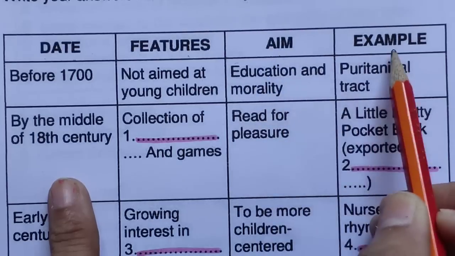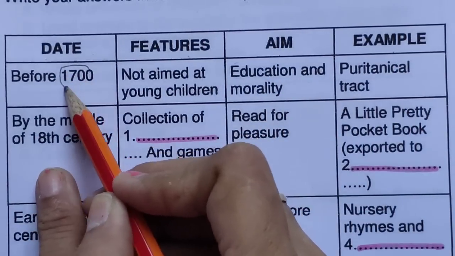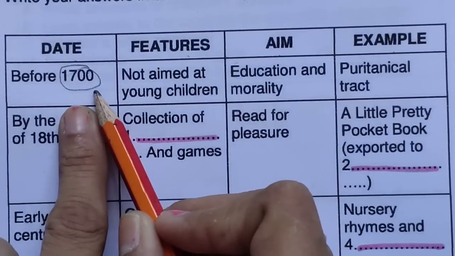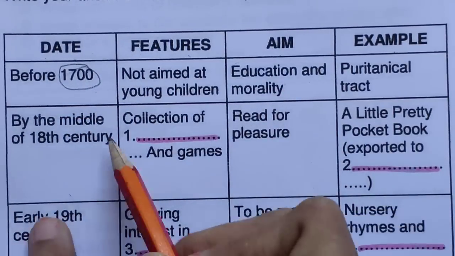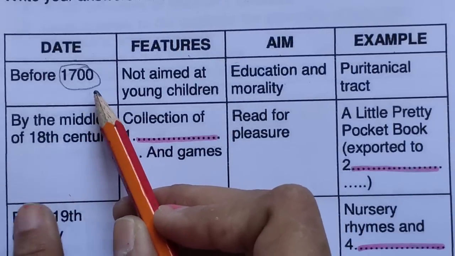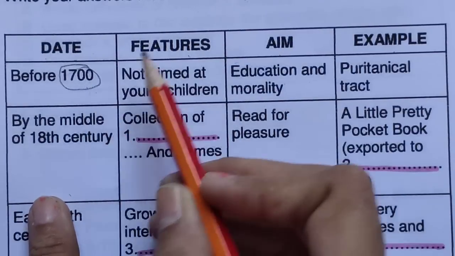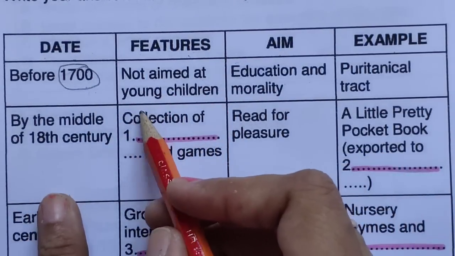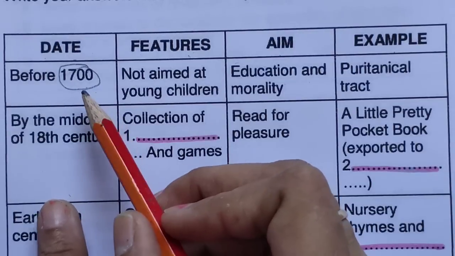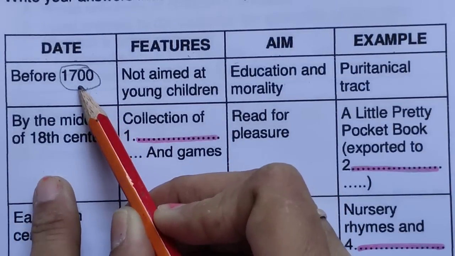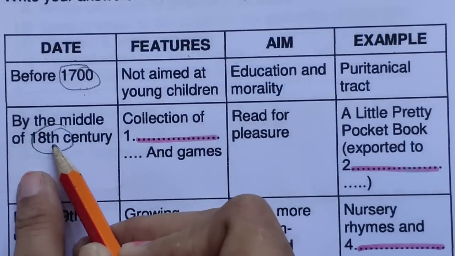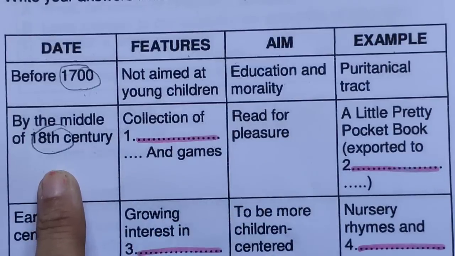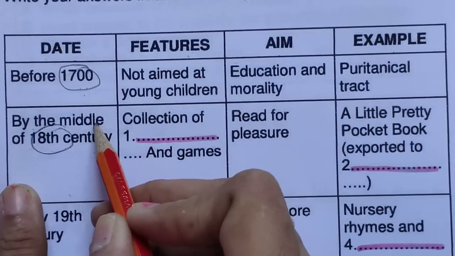Date, features, aim, example. My first keyword is before 1700. I will not be reading this because there is no blank here. Because we don't know where this table's location starts, first I will find this location, and second I will find the middle of the 18th century.